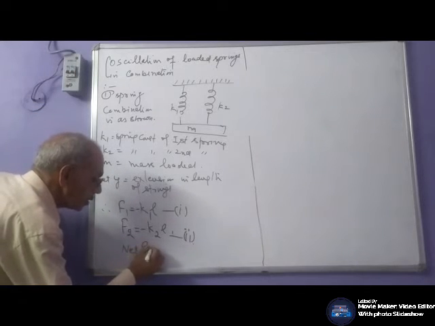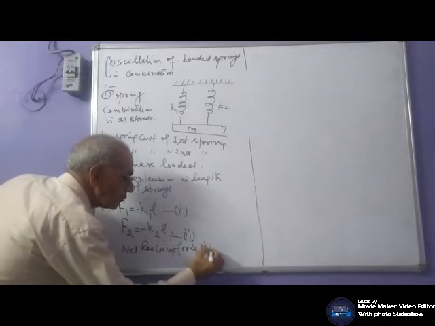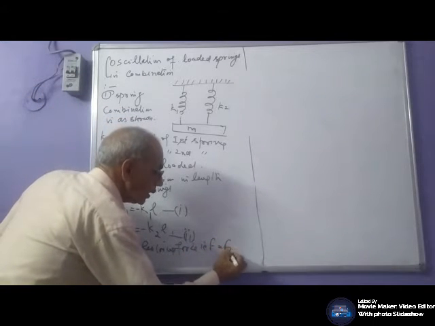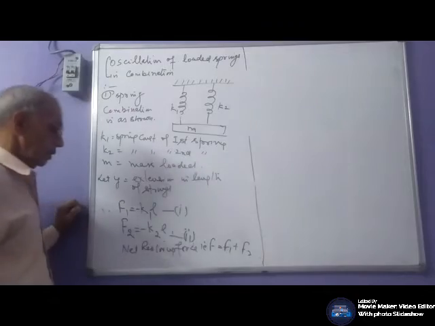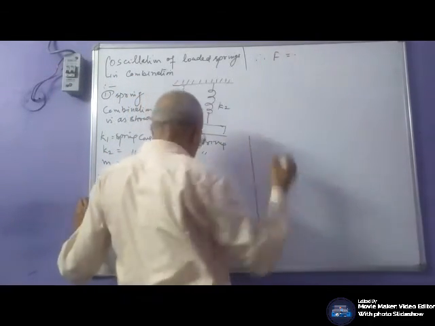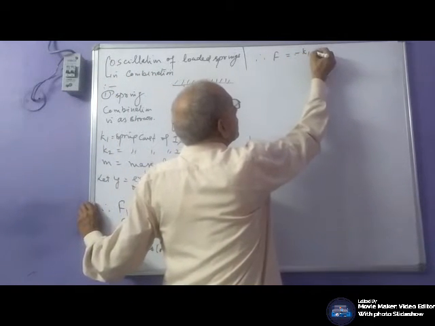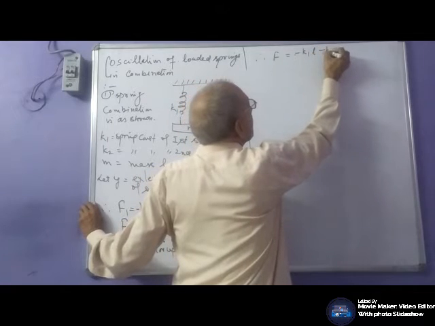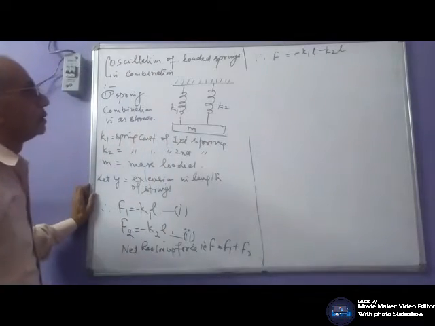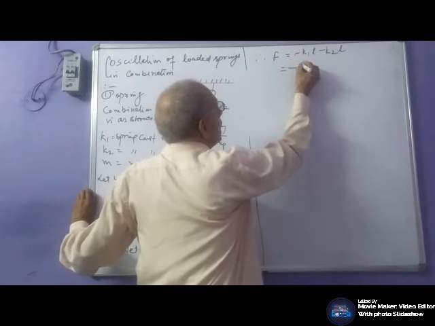Net restoring force, that is F, is F1 plus F2. Therefore F is minus (K1 plus K2) L, L common.